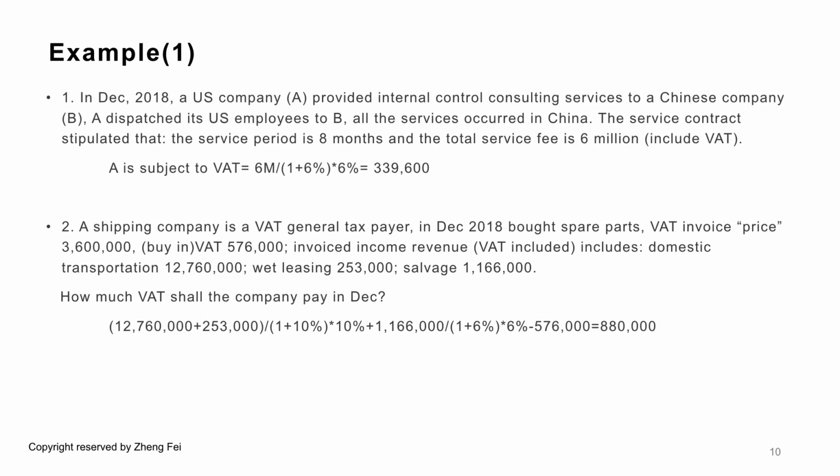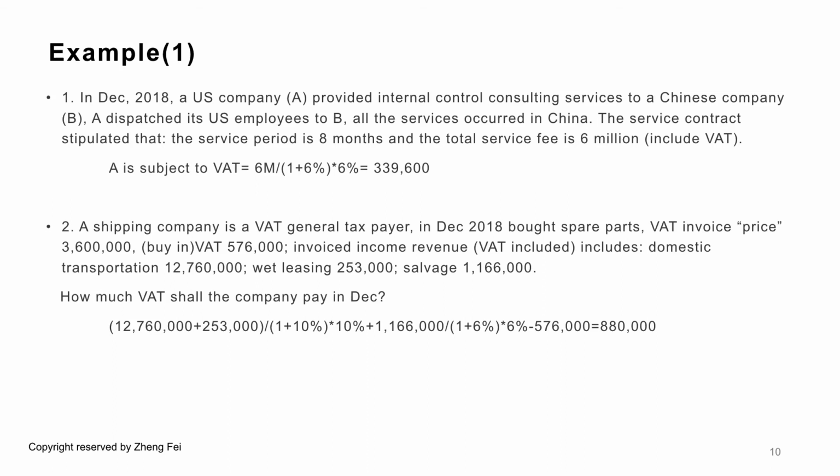First, in December 2018, a US company A provided internal control consulting services to a Chinese company B. A dispatched its US employees to B. All the services occurred in China. So this service is subject to VAT in China as well.